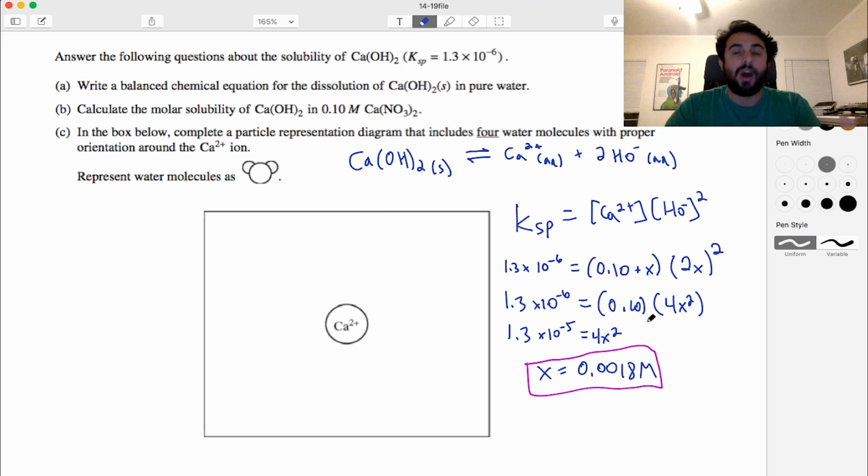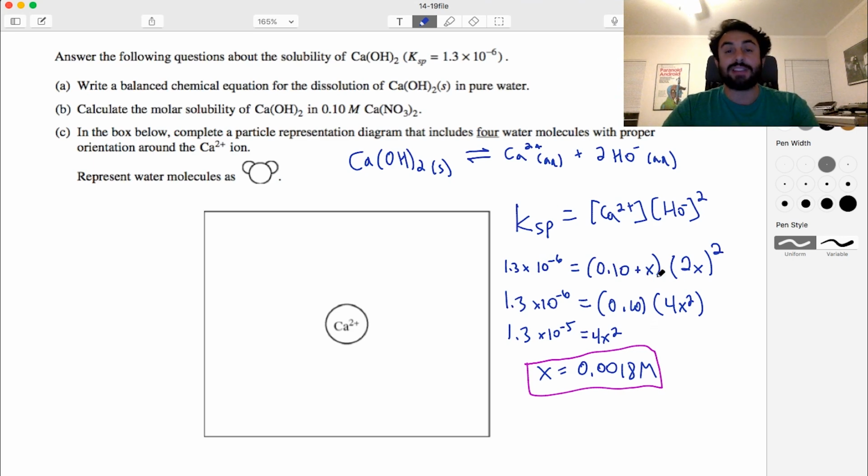So we do want to be able to make calculations like this. We have to know how to get the KSP expression, the correct KSP expression. And then this is maybe the tricky part where we have to rationalize, okay, I have a KSP, I have a solution that's 0.1 molar in calcium to begin with, and we get a little more calcium because some calcium hydroxide dissociates. How much more?